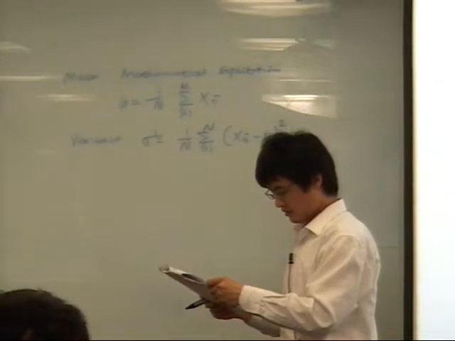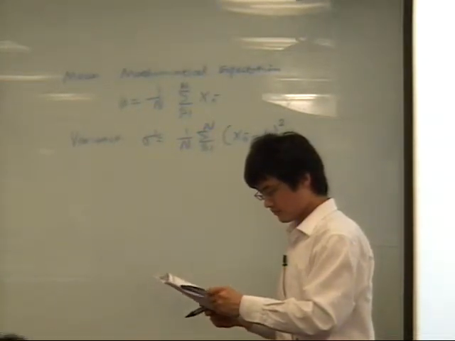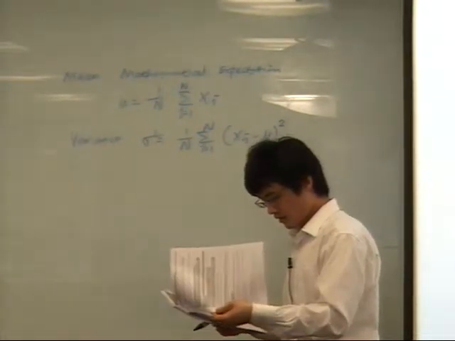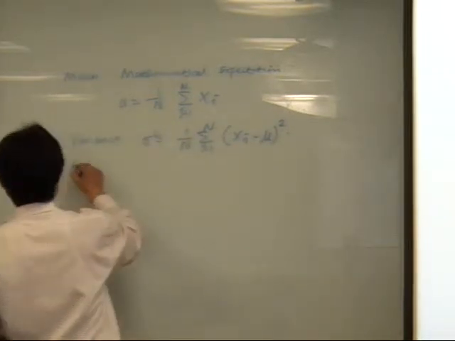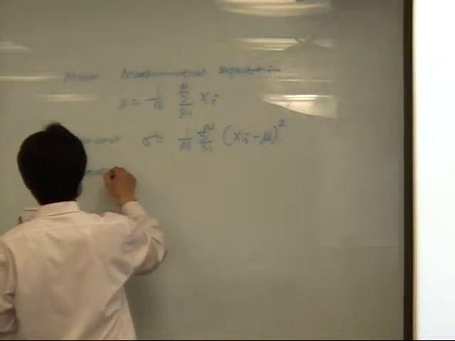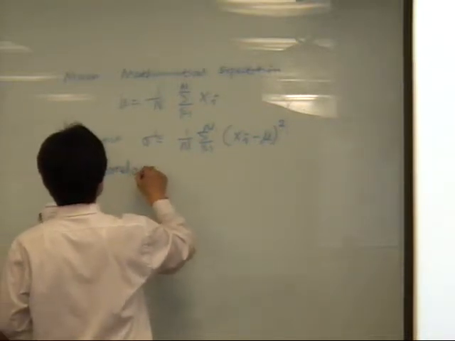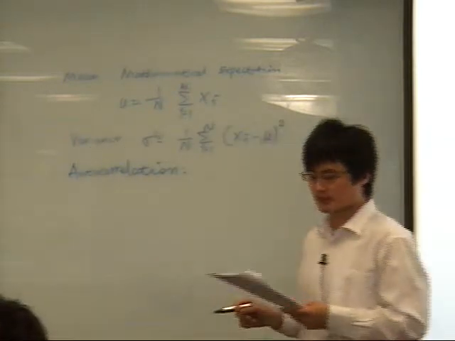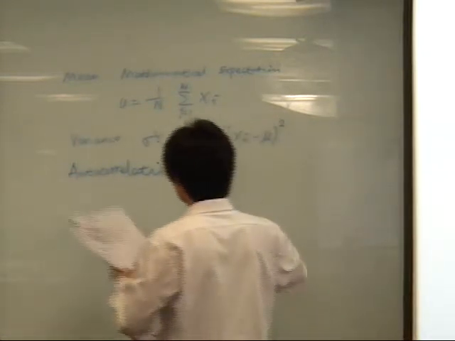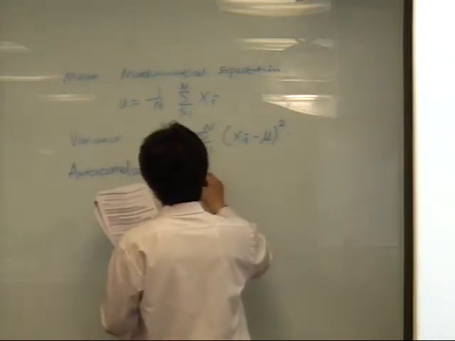Okay, this is autocorrelation. So I hate this part because it doesn't have much explanation. It's just a formula, so you have to write it down. There's no other way to explain.